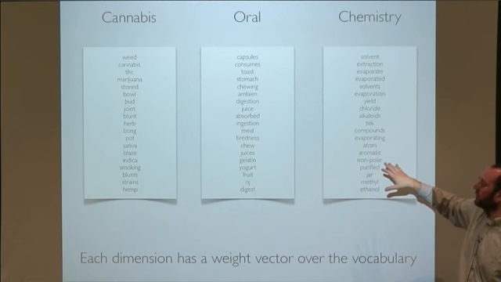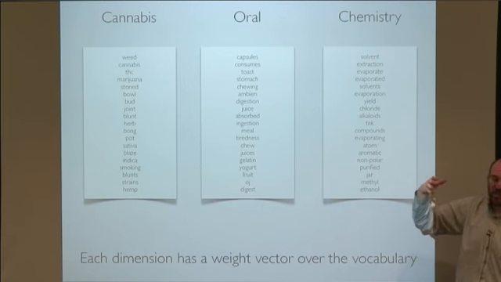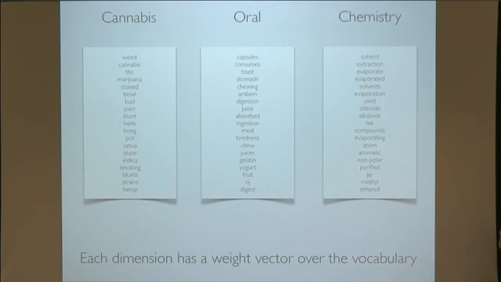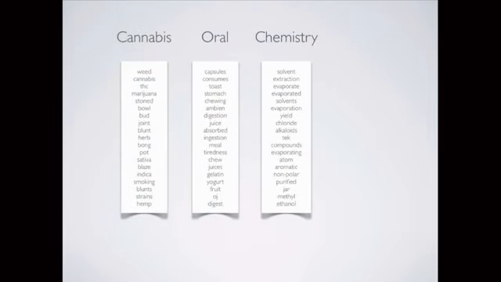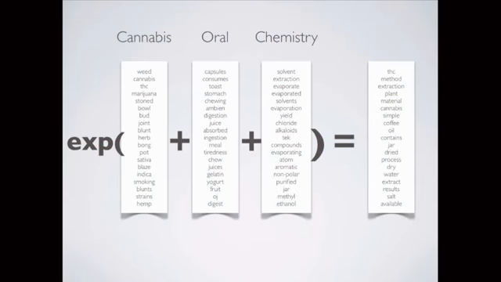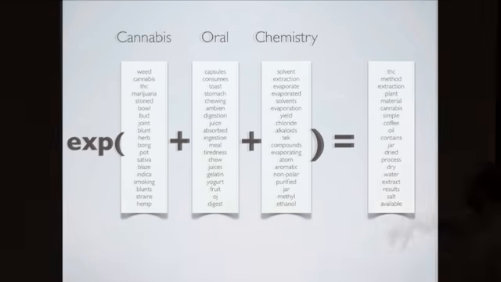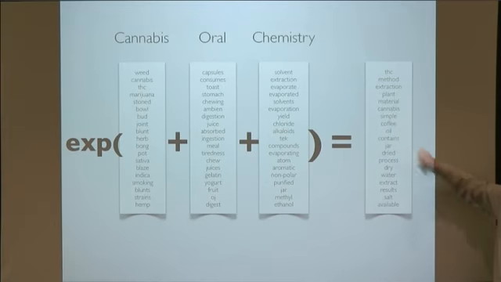And when the model is interested in generating the list that corresponds to cannabis, oral, and chemistry, it's going to combine these lists together, using this log linear model, to give us a distribution that it thinks best captures all of these. So this list here is what the model thinks cannabis, oral, and chemistry should use, this distribution.